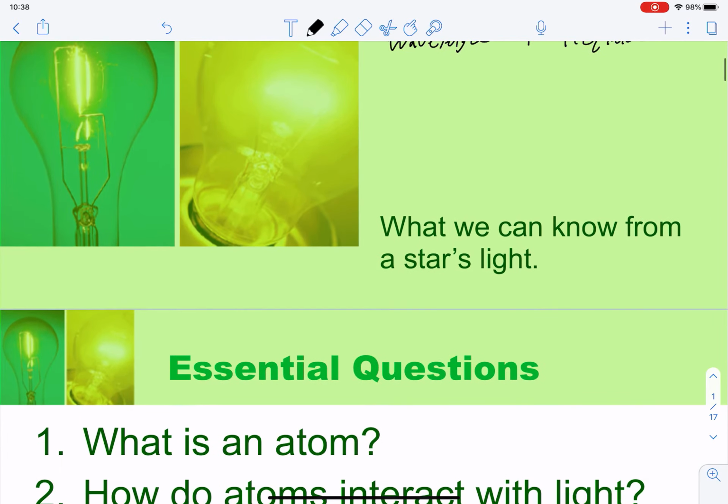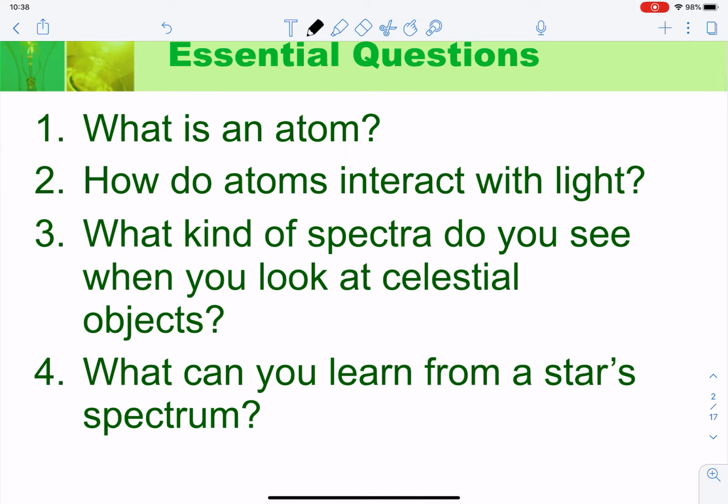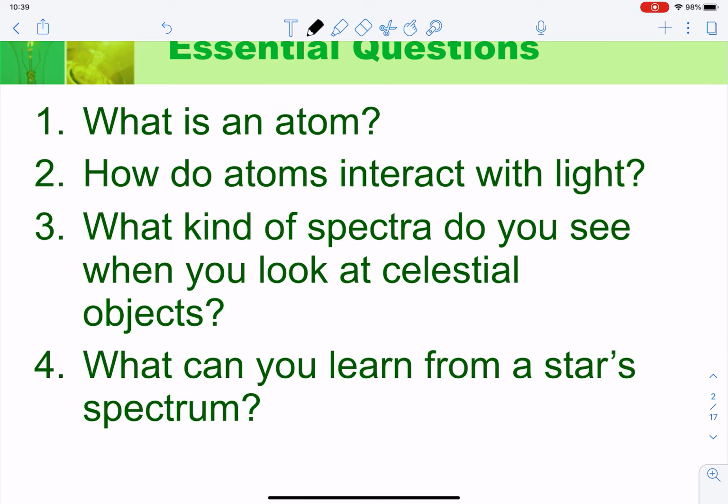This one primarily focuses on atoms and how atoms are able to emit and reflect light, because really how we are able to get light is through photons being reflected. We'll talk a little bit about that here. So we're going to talk about atoms, the electrons surrounding them, and what kind of spectra you see when you look at celestial objects.